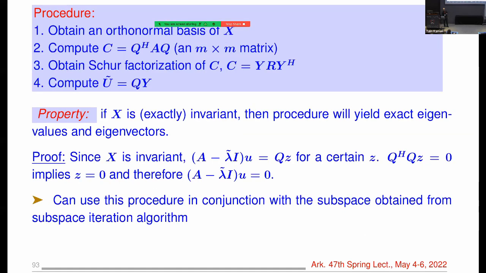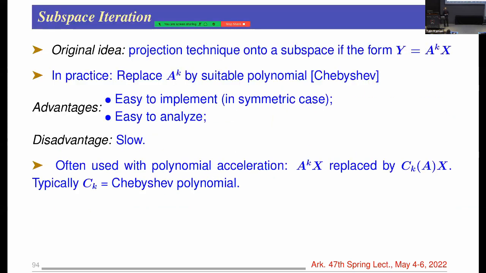Okay, so this is just describing the procedure in detail, and there's some property here which I want to skip. Now, one of the best known methods in eigenvalue calculation is subspace iteration. Subspace iteration is essentially just a Rayleigh-Ritz with a subspace of this type, that's all.